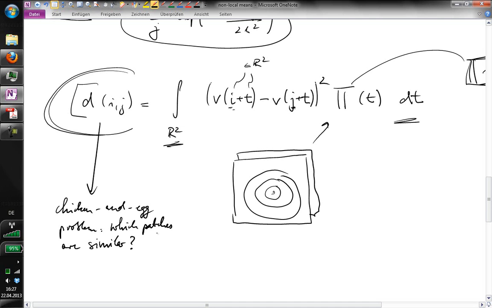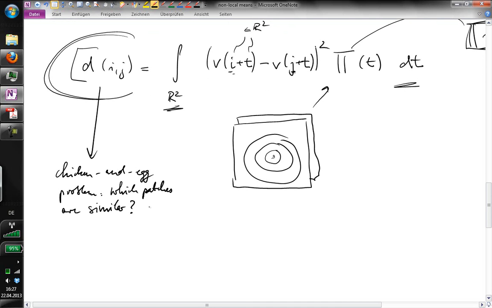Even so, it can help to use some simpler denoising strategy first before computing this dissimilarity. So it can help to compare denoised patches.